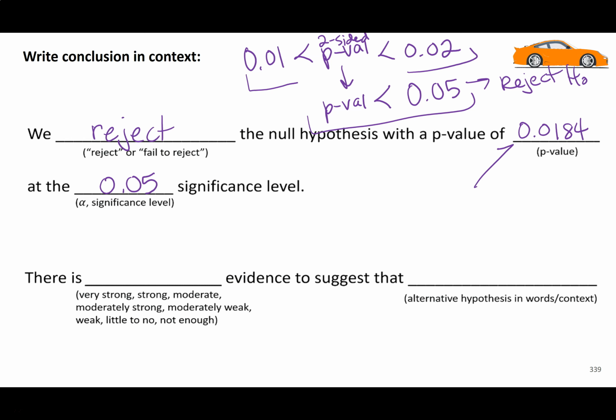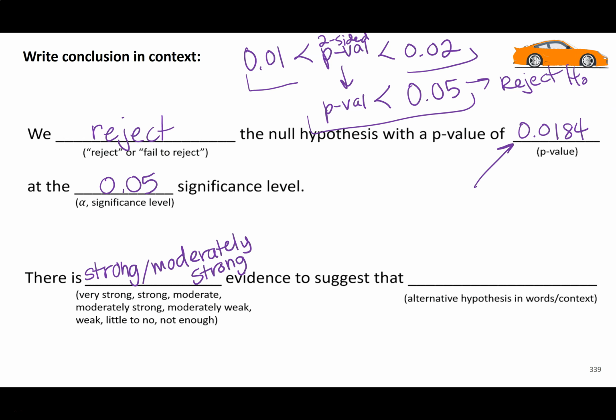So absolutely, you are free to write the range of values in there. So if our p-value is between 0.01 and 0.02, you could say it's strong, it's moderately strong evidence. I'm okay with either one.